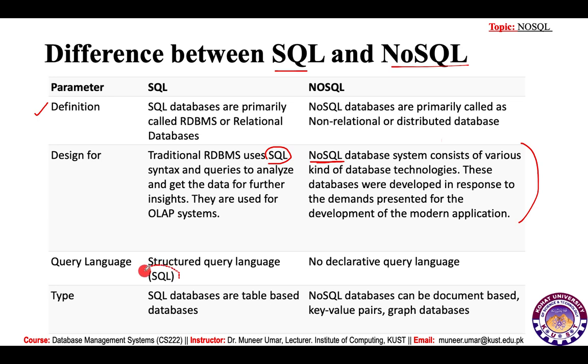We have structured query language for traditional databases, and in NoSQL no declarative query language is used. SQL databases are table-based databases. We have attributes in these tables, while NoSQL databases are document-based, key-value pair, graph-based, and wide-column-based. We studied these types in our previous lecture.